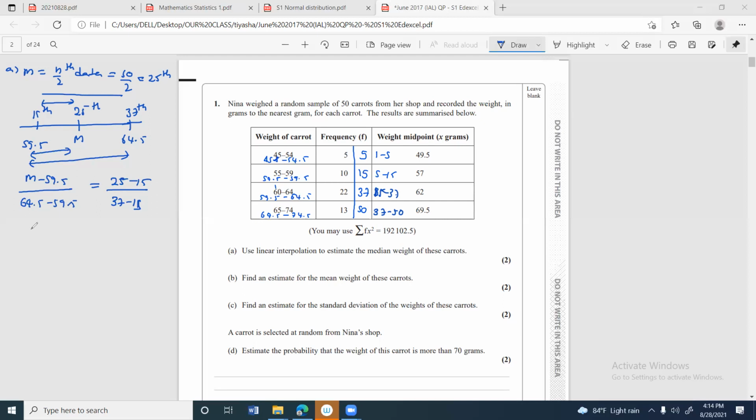So this answer turned out to be 61.77. Median is equal to 61.77. Obviously, that is practically fine with this range.